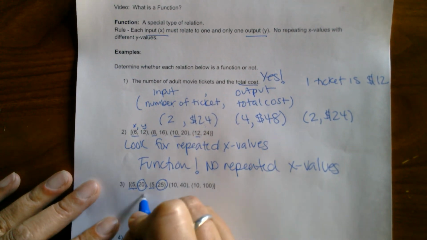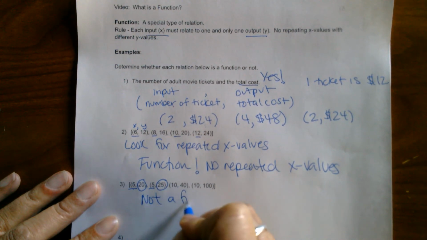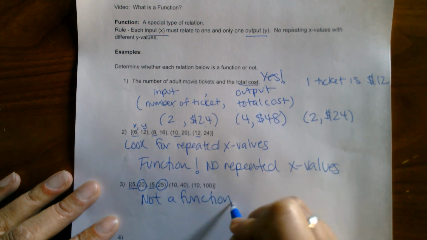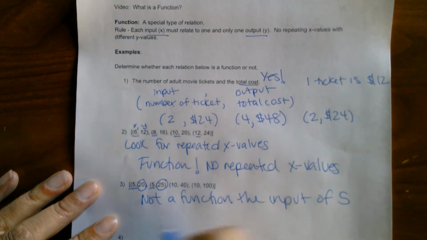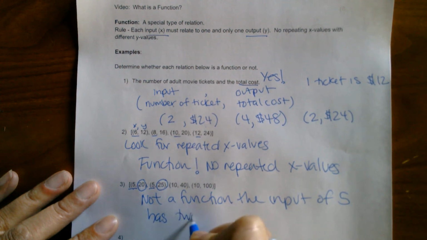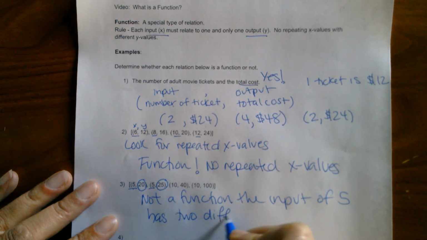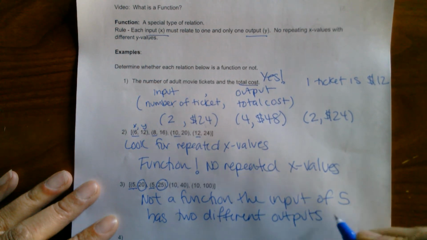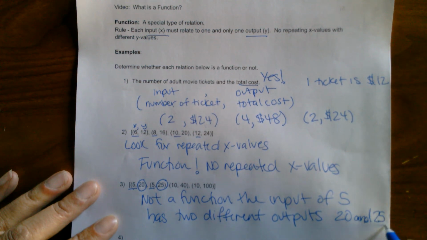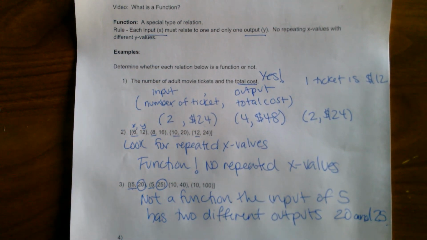So this is not a function. The input of 5 has 2 different outputs, 20 and 25. So that's why it's not a function.